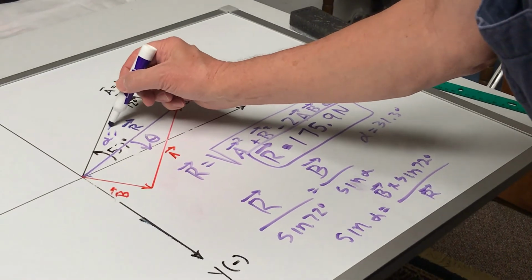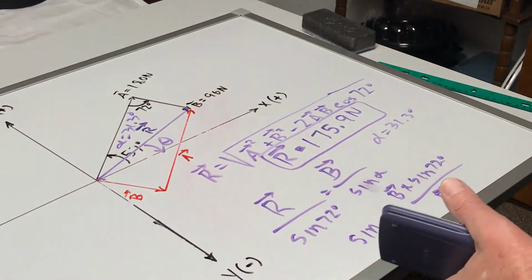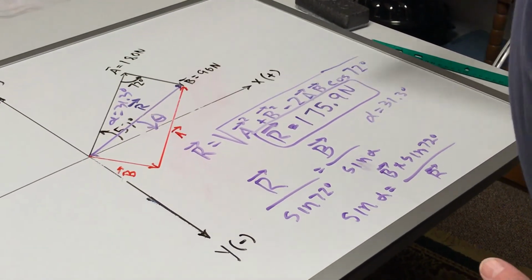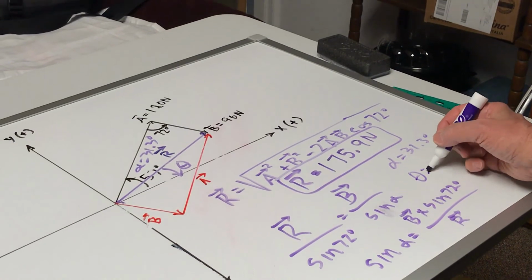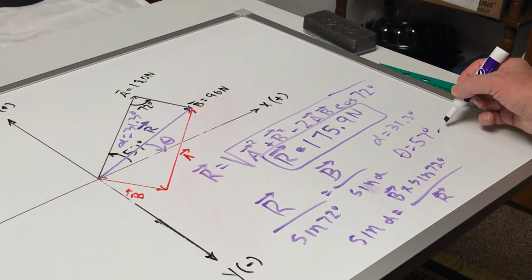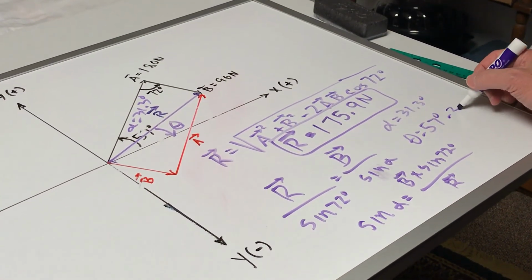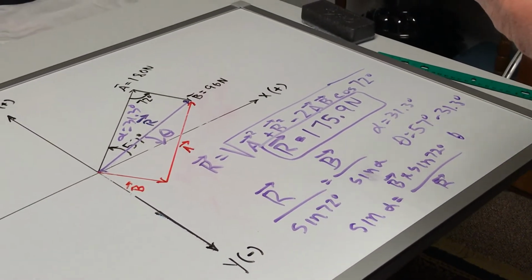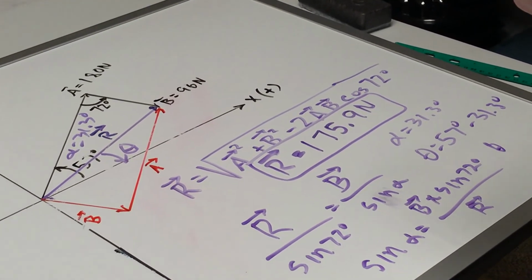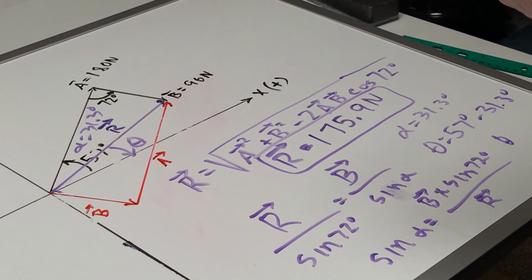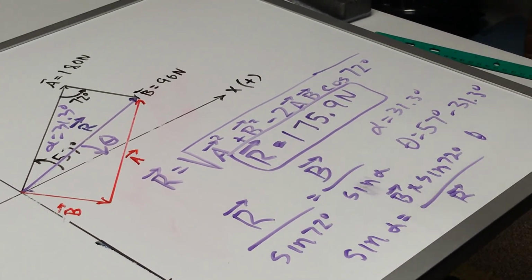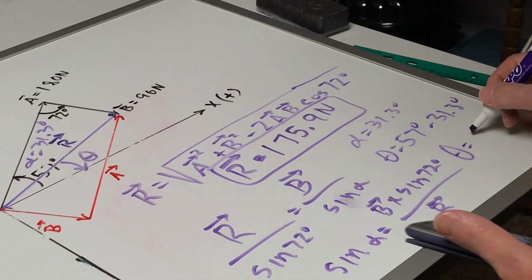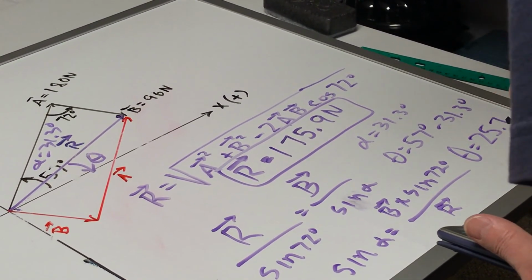This angle right here is 31.3 degrees. Now to find theta, we simply take the total angle, which is 57 degrees, and subtract alpha from it, which is 31.3 degrees, and we end up with an answer that says theta is equal to 25.7 degrees.